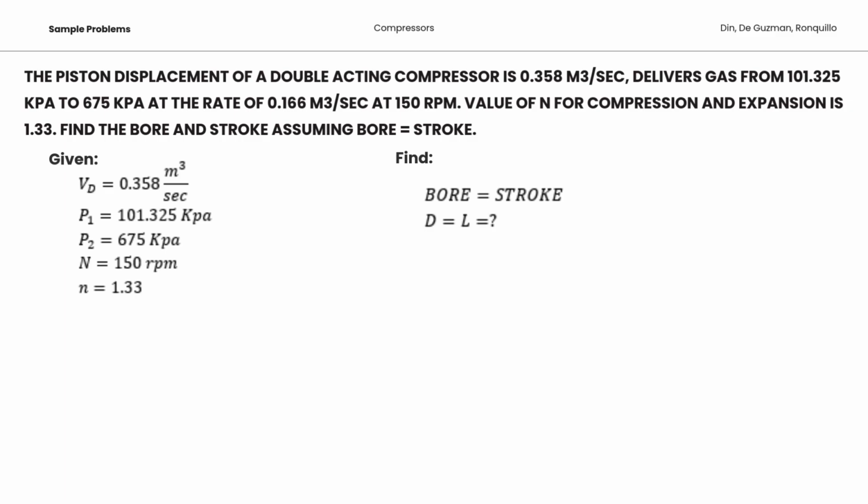And then at the rate of 0.166 cubic meter per second at 150 RPM, which is N. So, dito, kanina kasi, standard air is 1.4 pag walang sinabi. Pero since dito nagkaroon or sinabi sa problem ang value ng N, we will use this as 1.33.